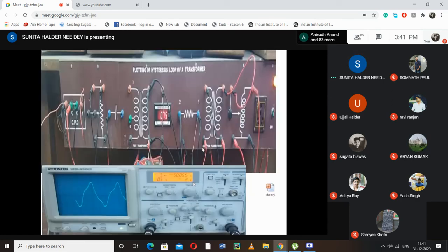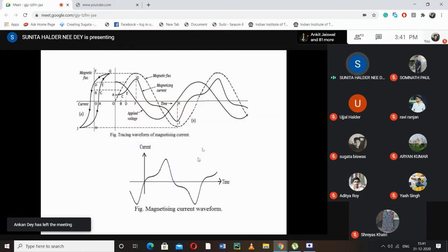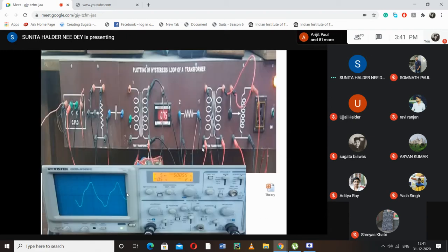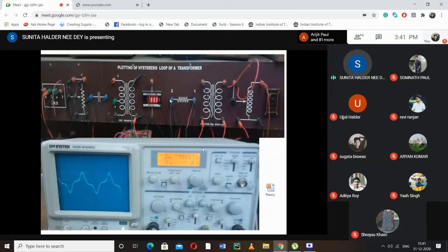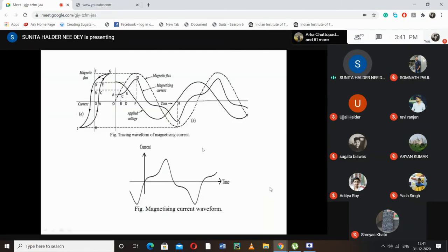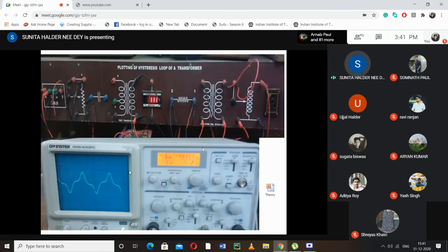Then if we do it for 75 volt, you will see some non-linearity coming. When it is near saturation, some non-linearity will come. Then for 111 volt, it is non-linear. This is exactly what we expected from theory. In the laboratory also, you will get the same thing.